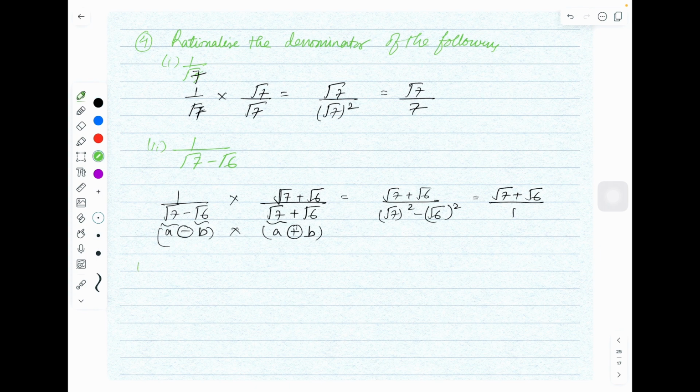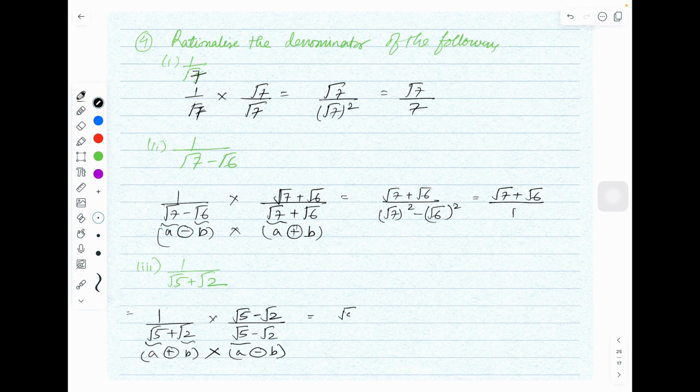Third question is 1 by root 5 plus 1 by root 2. So this is A, this is plus, this is B. If A plus B is there, you have to write A minus B. At the denominator you have written A minus B, so at the numerator also you will write A minus B. So 1 into A minus B is A minus B only.